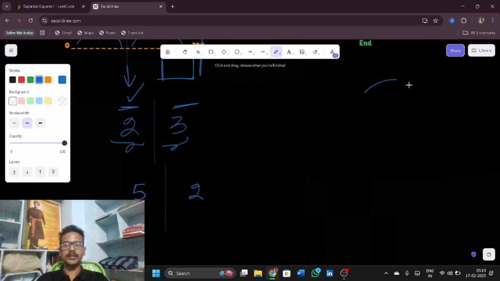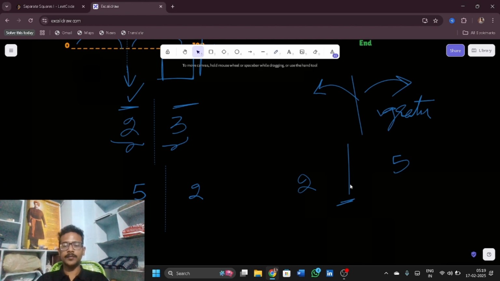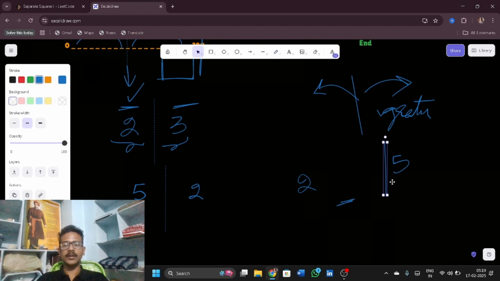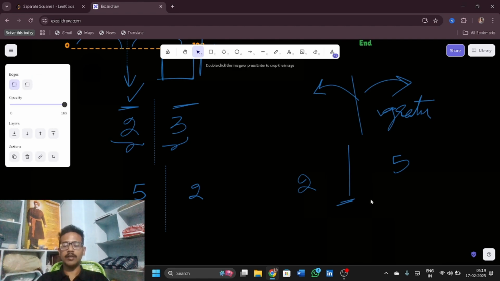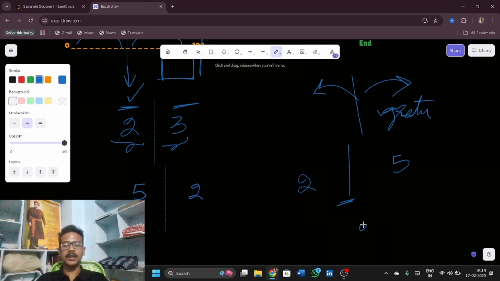I can go either right side or left side, but every time I'll go to the greater side, so that even if I am having an area of 2 here and an area of 5 here, and if I go here, there is a probability that I can get 2 plus 5, it is 7, then I can get 3.5 as my area. So I go to the greater side.